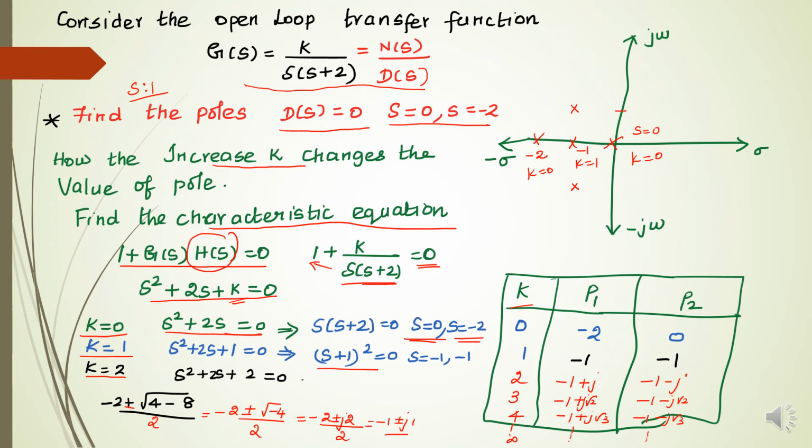Here j, √2 j, √3 j, -j, -√2 j, -√3 j. So if we increase it further, the gain is 2, gain is 3, gain is 4, up to infinity.